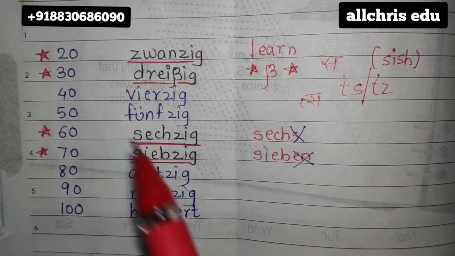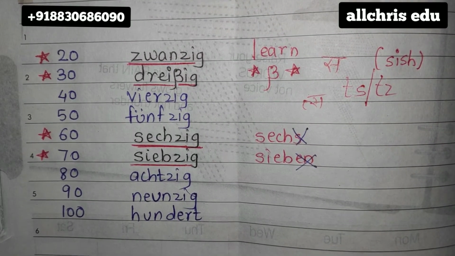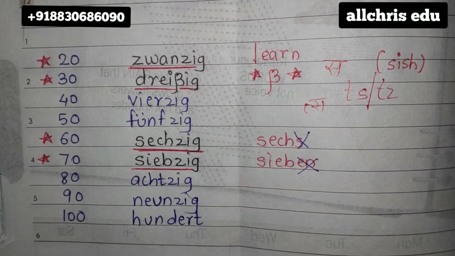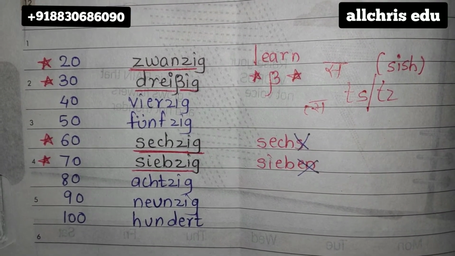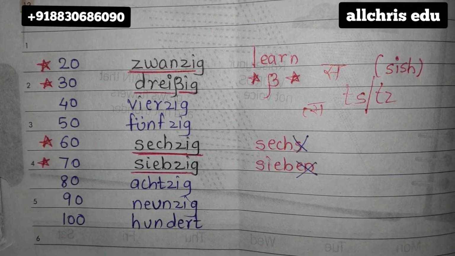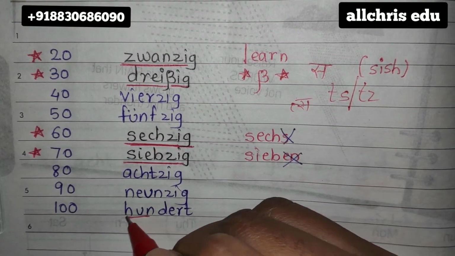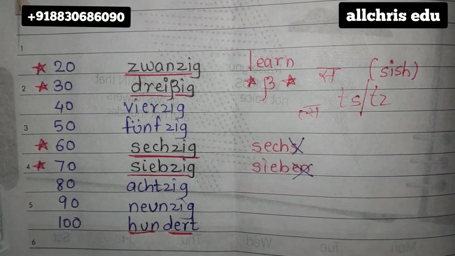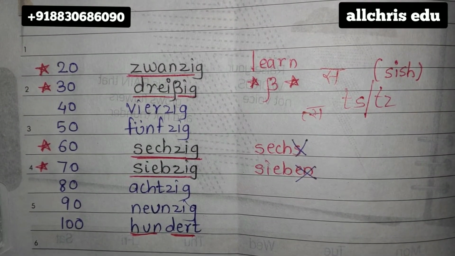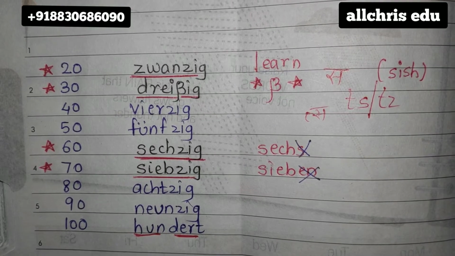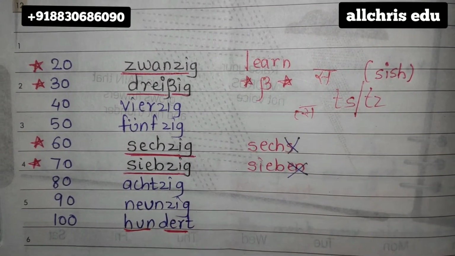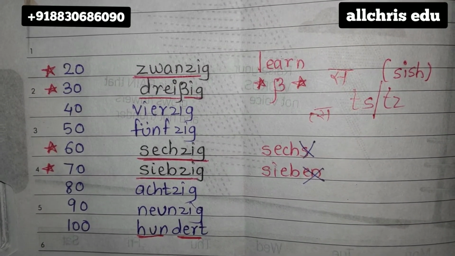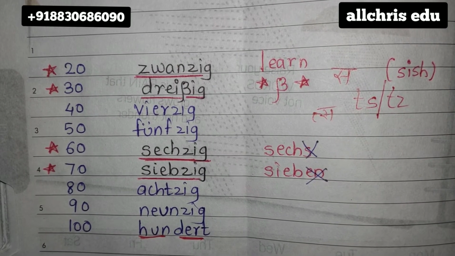Now I am saying it together: 20, 30, 40, 50, 60, 70, 80, 90. Now the last one: hundert. Try saying hun and dert, as we say dirty in English, dirt. In the same manner we can say hun-dert. Try watching the video, listen to the voice properly, practice, and then send me your audio.